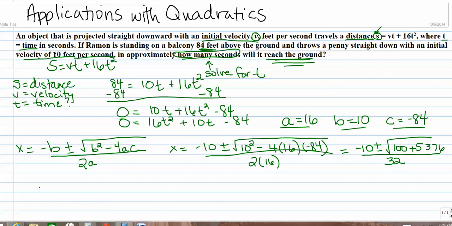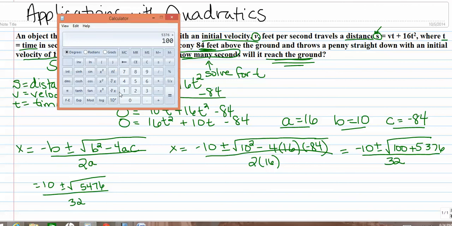I know that if I add 100 to 5376, I get 5476. So I want to find out what the square root of 5476 is. It's 74.